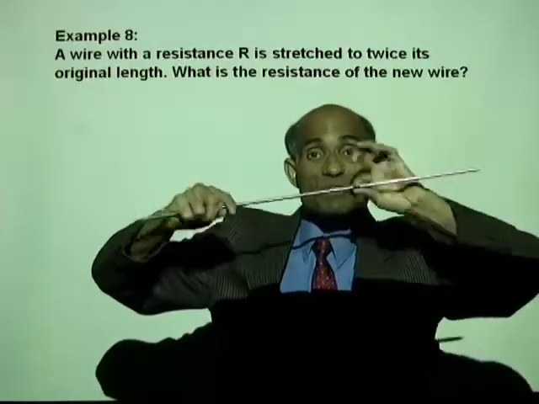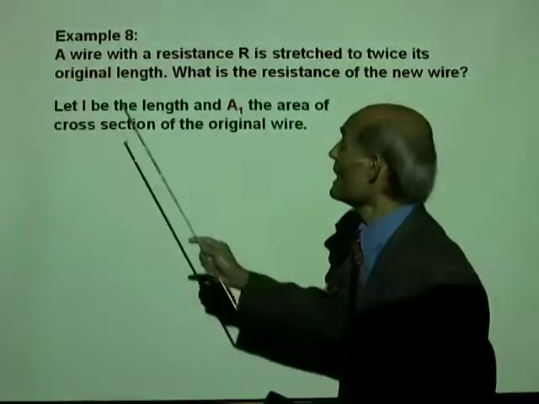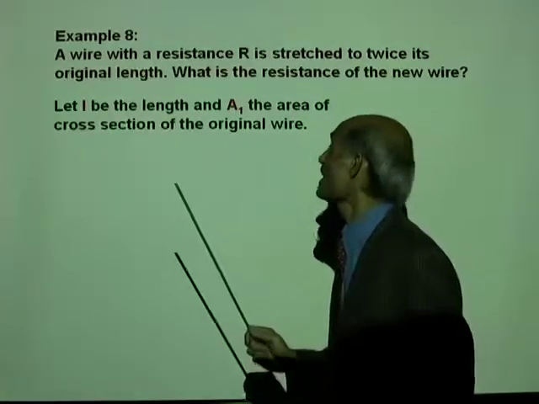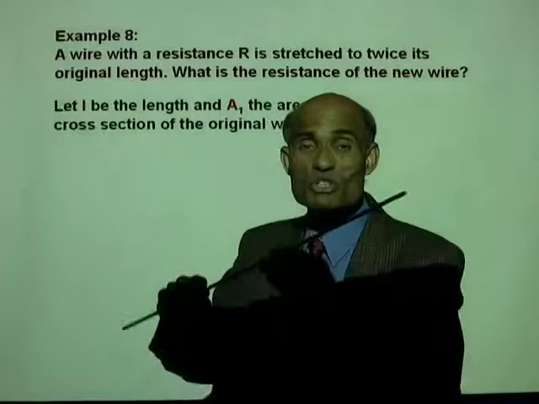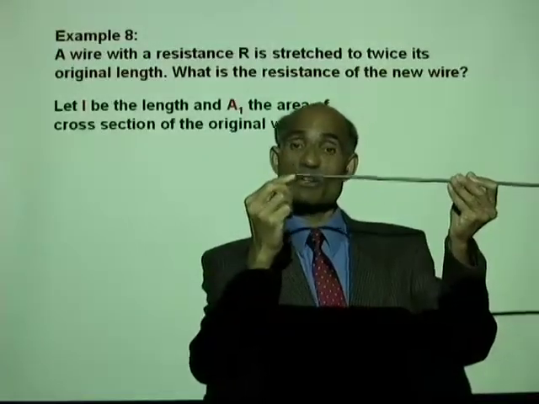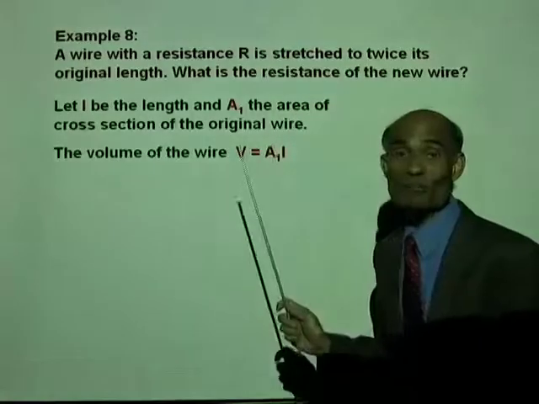Its thickness will reduce, right? Okay. Well, let L be the length and A1 be the area of cross section of the original wire. So the original wire has the length L and the area of cross section A1. Then the volume of the wire.